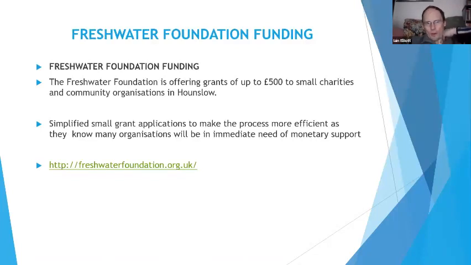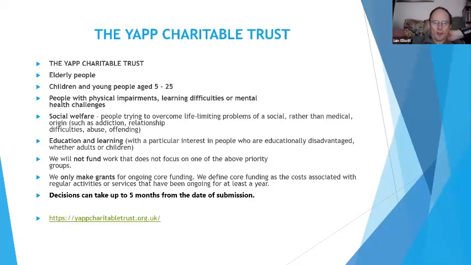Freshwater Foundation, so they only fund Ealing and Hounslow. Small grants, again, so link to the website. YAP Charitable Trust, so work with elderly people, children, young people aged 5 to 25.